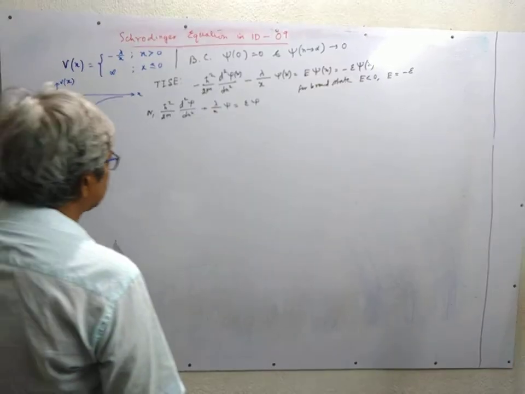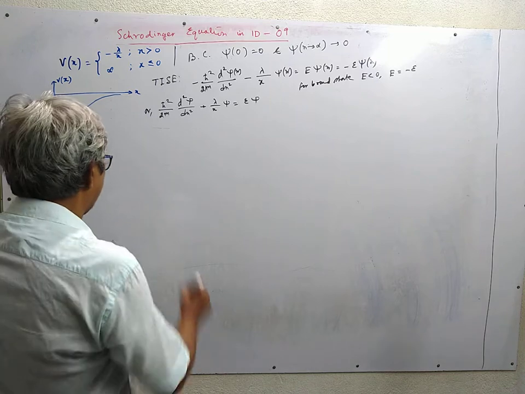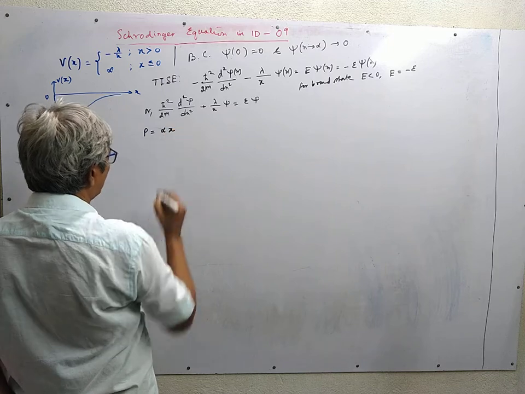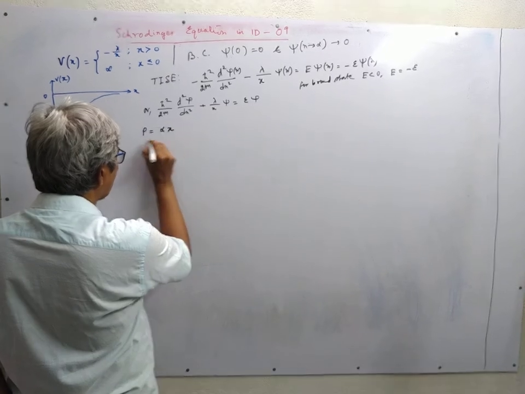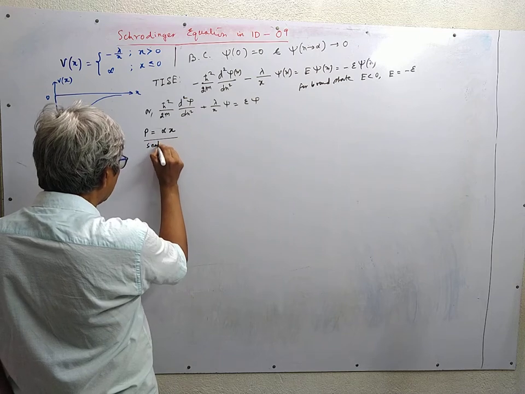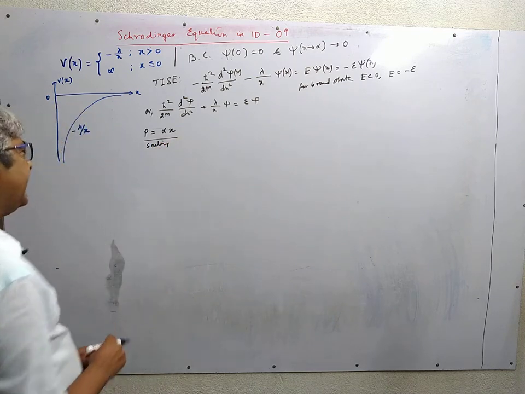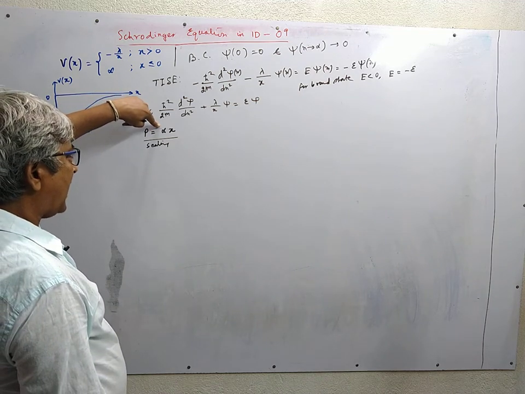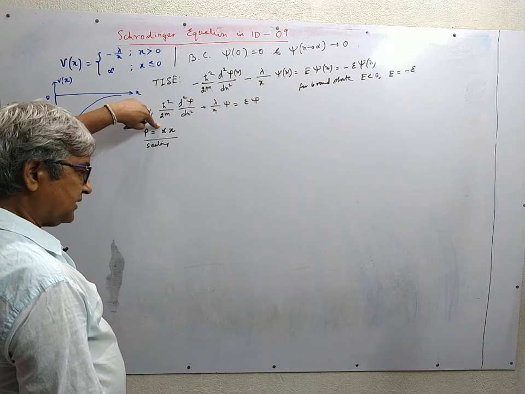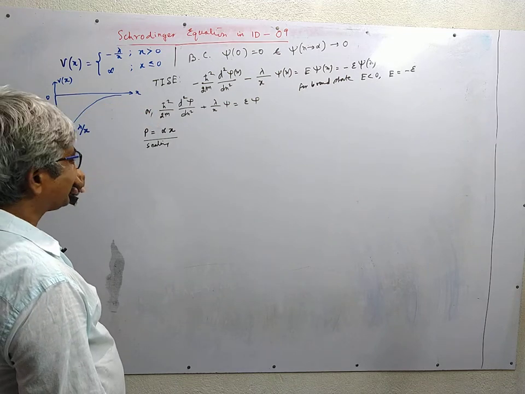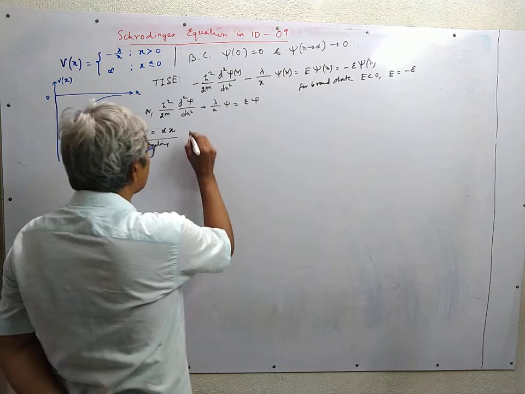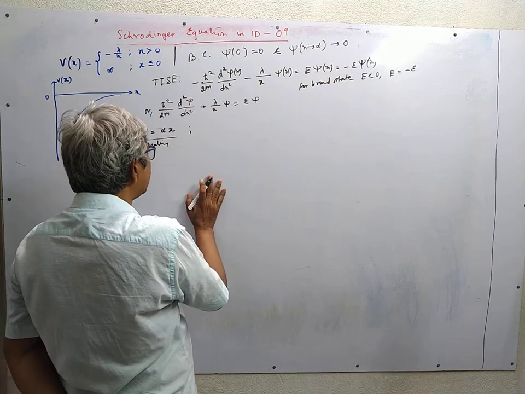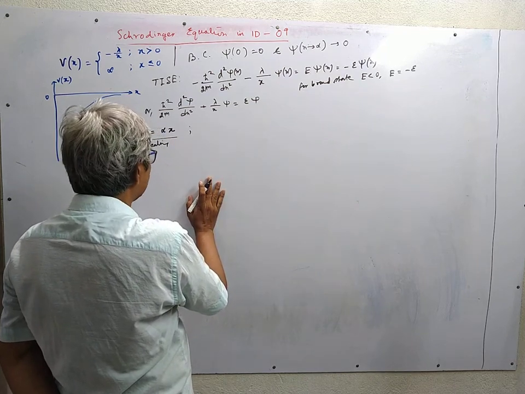The calculation can be simplified by introducing a dimensionless variable, and we use a scaling, rho is equal to alpha x. Alpha is called a scaling parameter, and any alpha value other than 0 and infinity can be acceptable. The choice of alpha is left to the user, and one chooses alpha in such a way which simplifies the calculation.